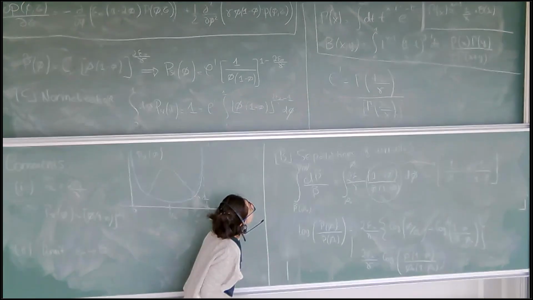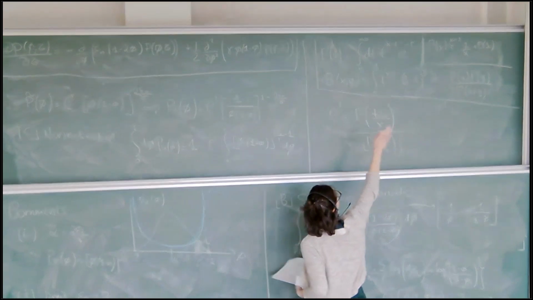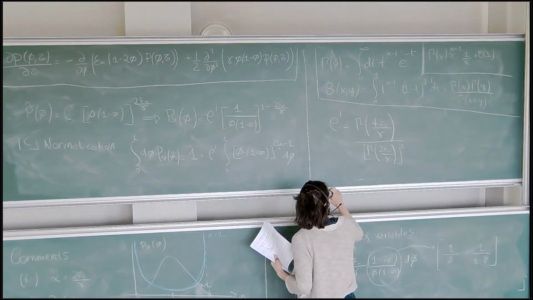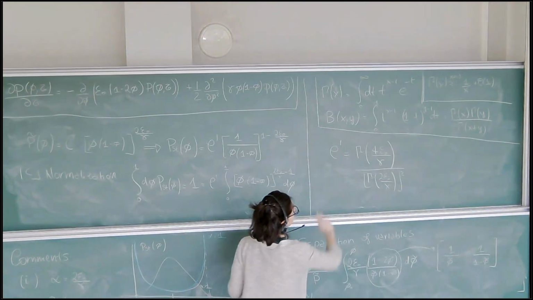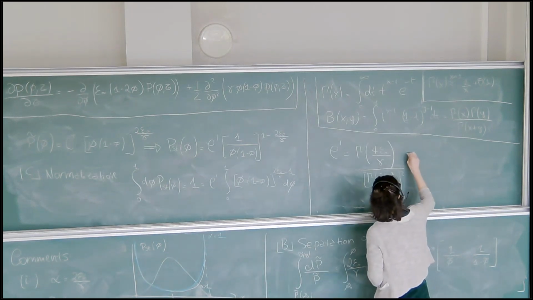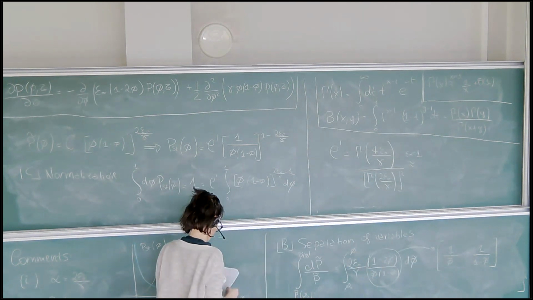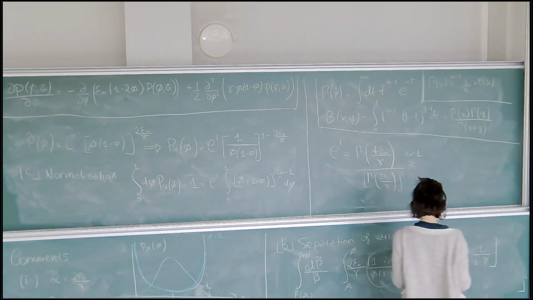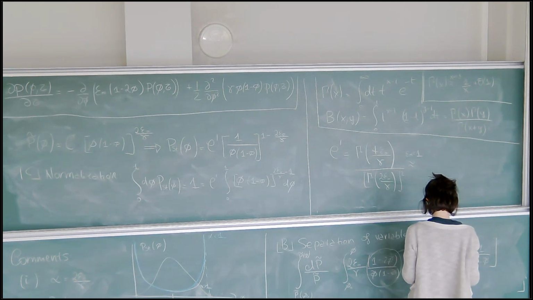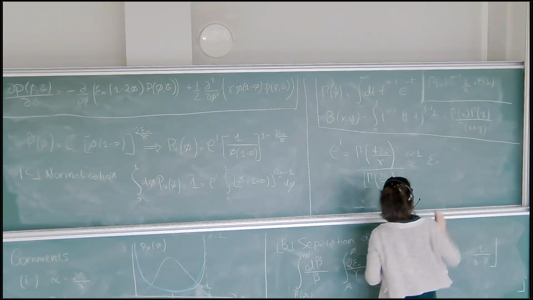With the expansion that I told you up there, what you find from the normalization constant is that when epsilon 0 is much smaller than 1, this is going like epsilon 0.